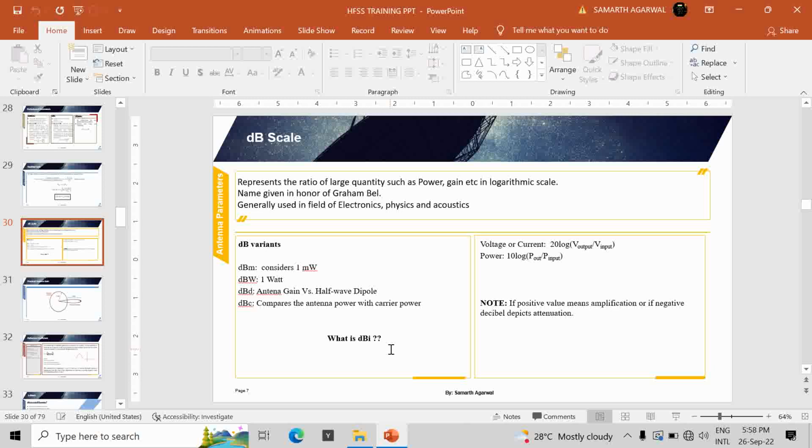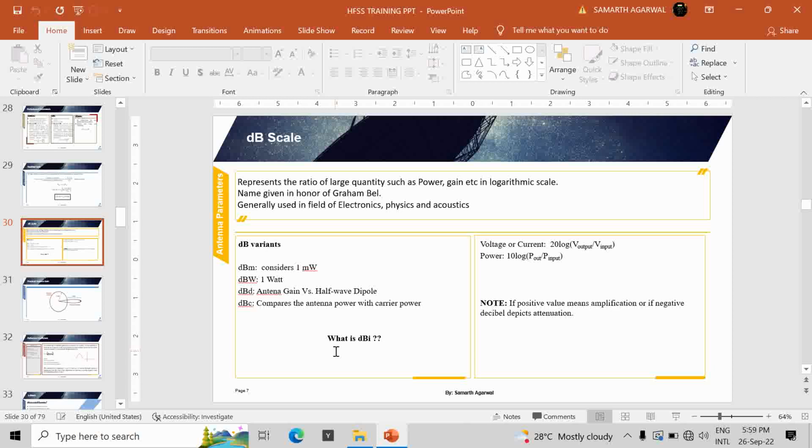At that time we need a scale which can represent these higher values in an easier way. So this dB scale came, which is decibel, the short form of bel, named in honor of Graham Bell. Generally it is used in every field, whether electronics, physics, or any other field.